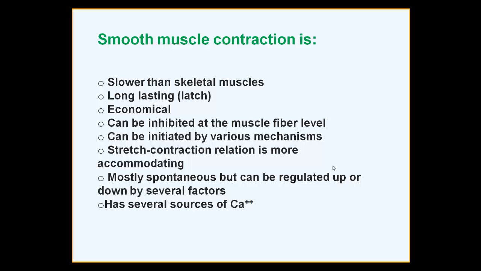Now, the contraction of the smooth muscles is very long lasting, as we have a phosphorylation of the myosin light chain proteins. These do not get dephosphorylated easily. If you remember, the dephosphorylation was something automatic that happens in the myosin heads.